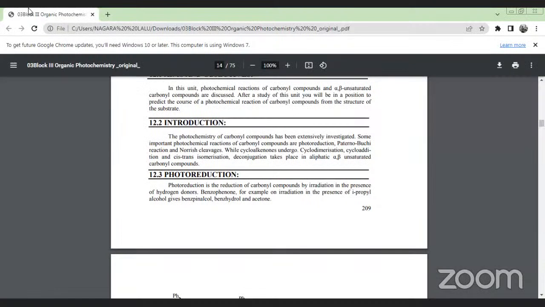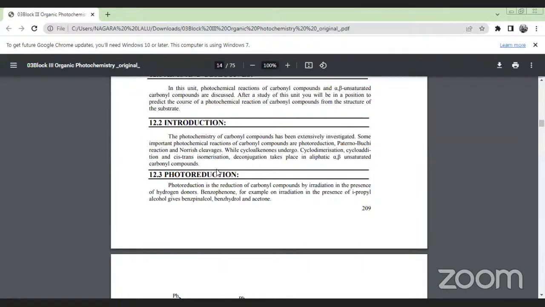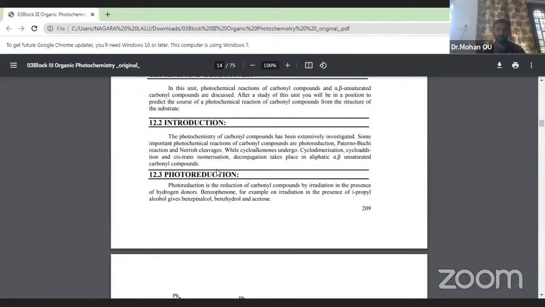So today we are going to discuss the photochemistry of carbonyl compounds.